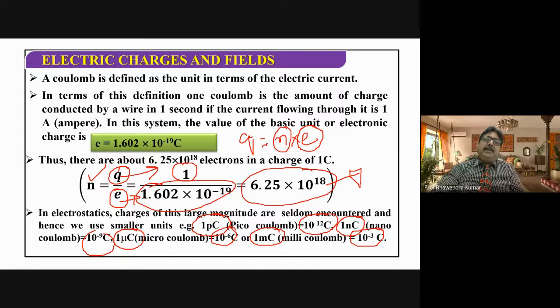Practically, if we remove around 10^9 electrons from a body, the charge held by the body will be approximately 1 nanocoulomb.